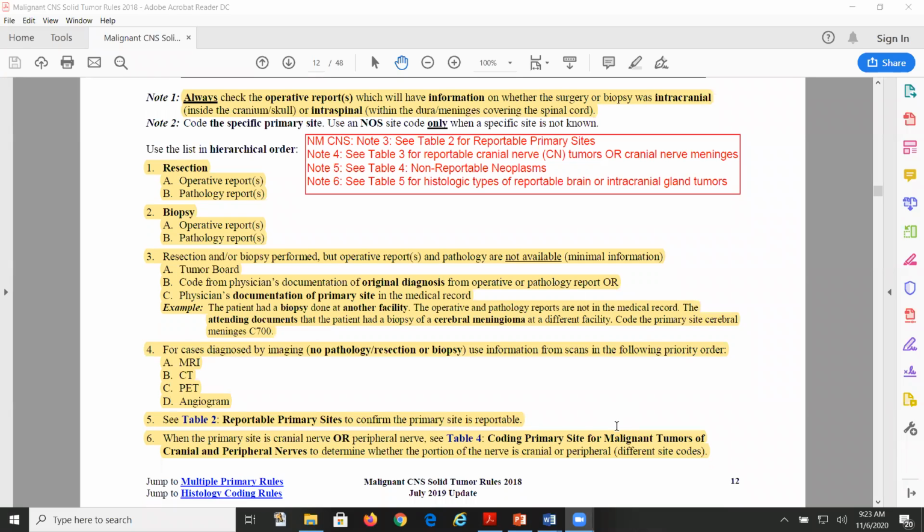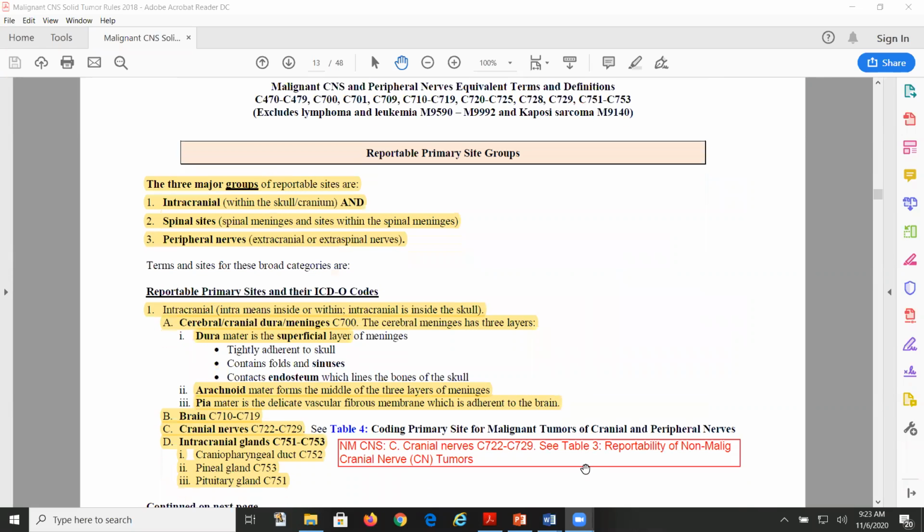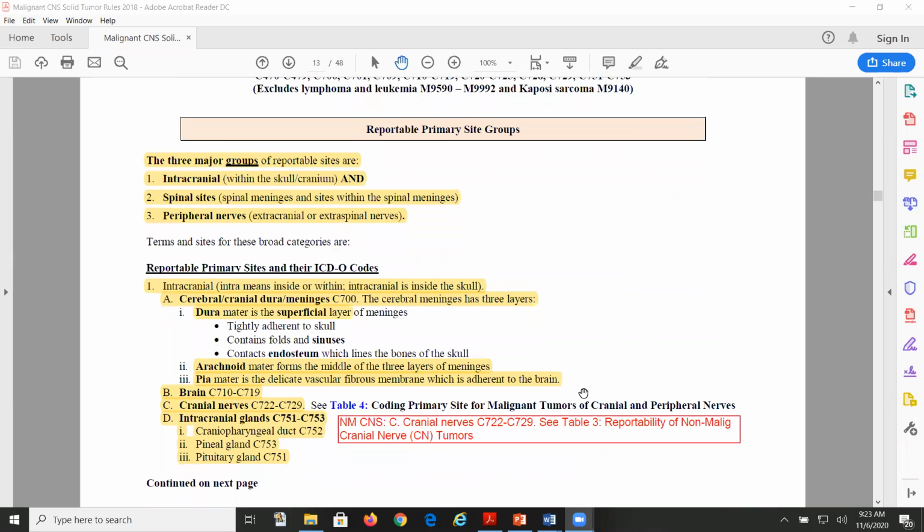And then we also have a separate table, table 4, for malignant tumors of cranial nerves versus peripheral nerves. So the 3 reportable primary site groups for malignant CNS and peripheral nerves are intracranial within the skull or cranium, sites within the spinal meninges, and peripheral nerves.